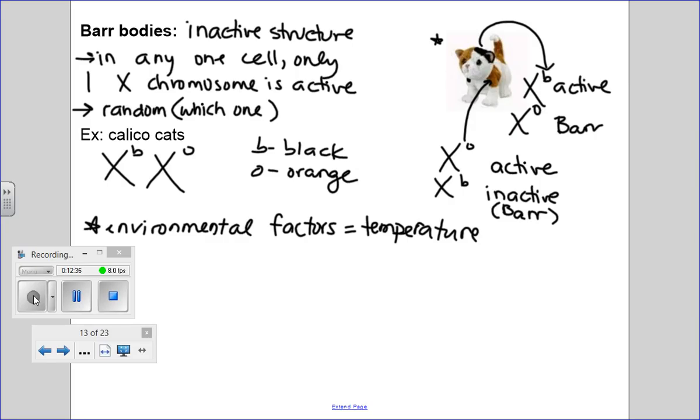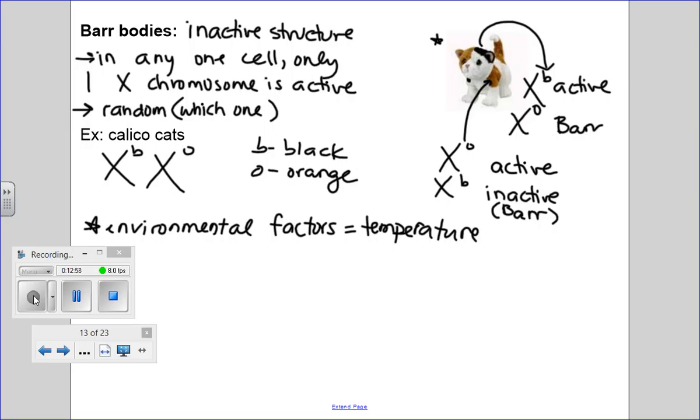You would not be expected to know how an environmental factor would change this, just maybe that it could. If we were talking about bar bodies, it would be unlikely that you have to do a cross with them, but more likely that you would have to explain why the cat has the different colors.